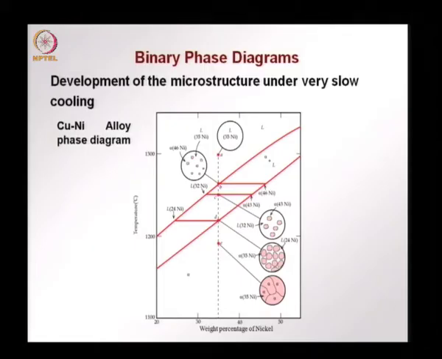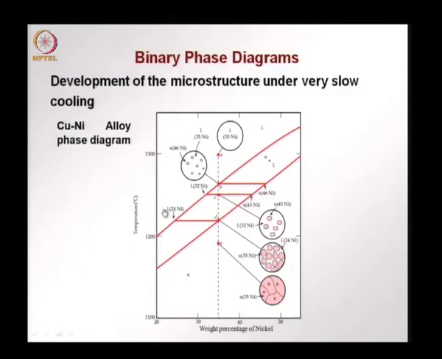We look at the copper nickel alloy phase diagram, and if you remember, we said that in the case of copper and nickel, we have complete solubility in both the liquid and solid phases, and we take now part of the phase diagram with a range of about 20 to 55% nickel.